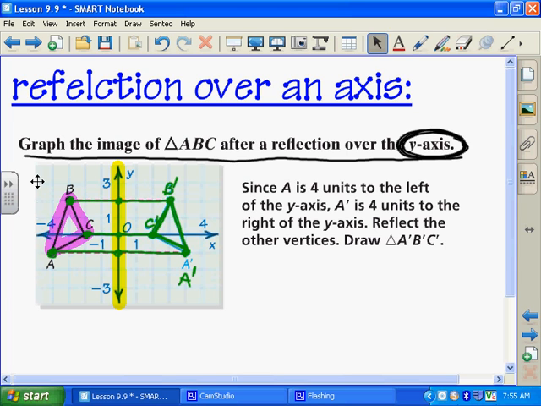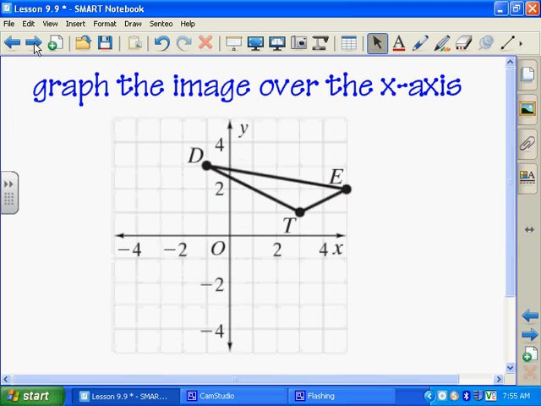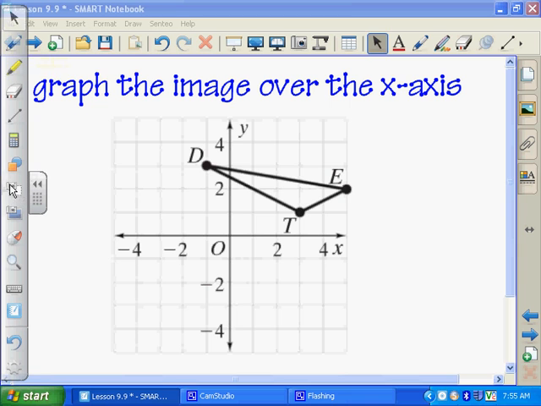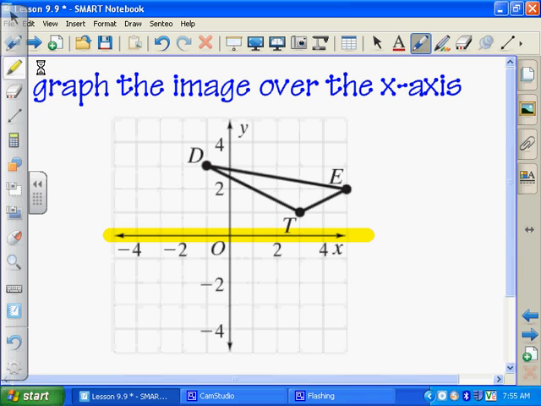Okay, so let's try one. So it says graph the image over the x-axis. So I like to highlight what I'm graphing over, so that's the x-axis. Okay, so let's start with D. With D, I'm going to go to the axis that I'm reflecting over.